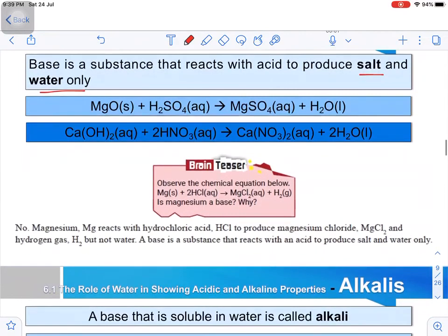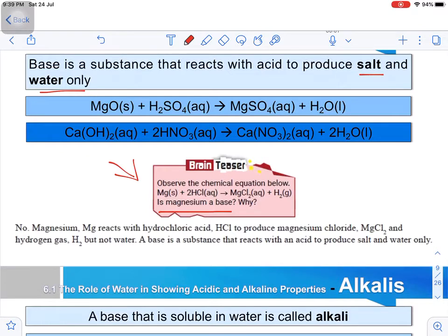Okay. Look at this one. Observe the chemical equation below. Magnesium reacts with hydrochloric acid to produce magnesium chloride and hydrogen gas. Is magnesium a base?